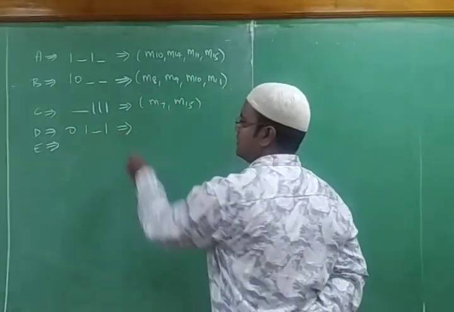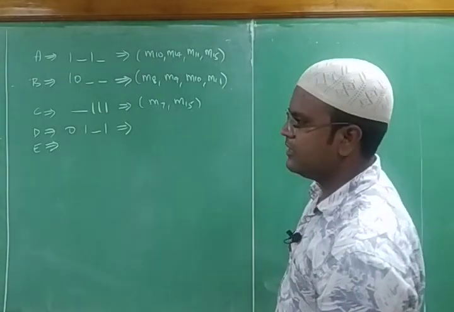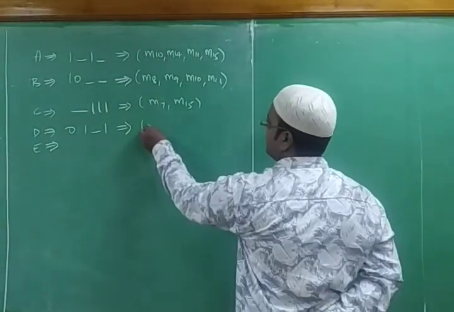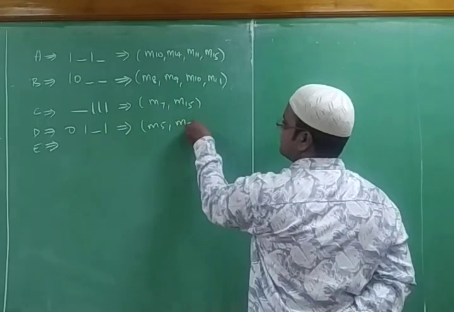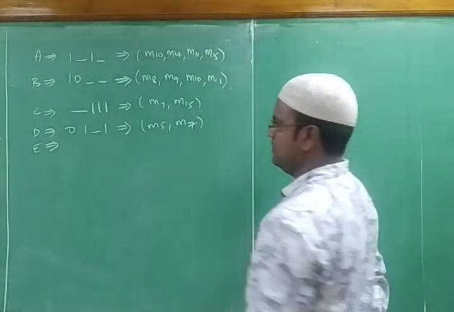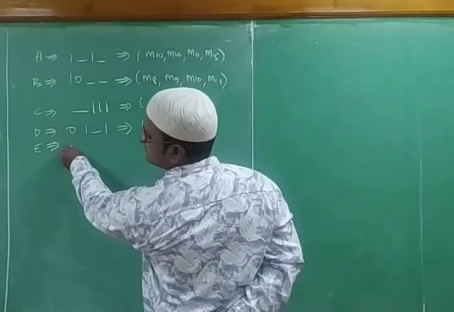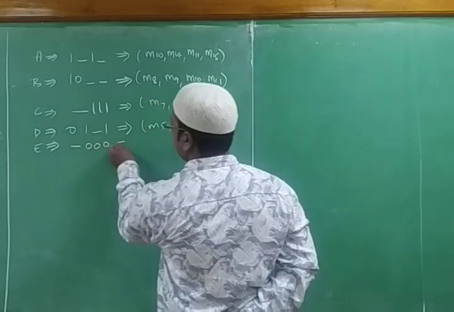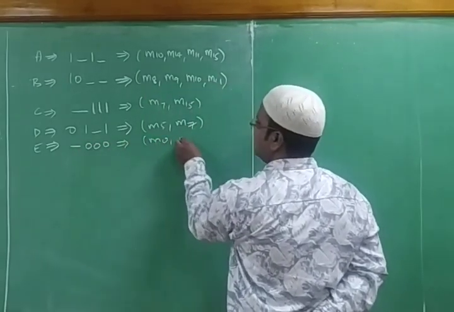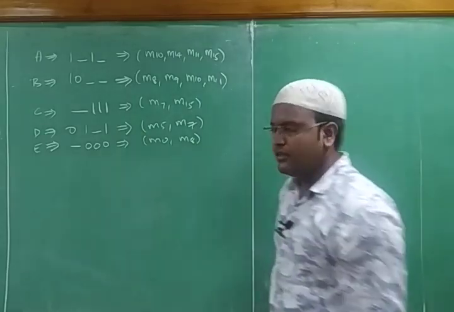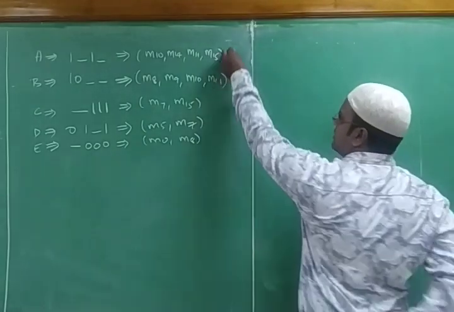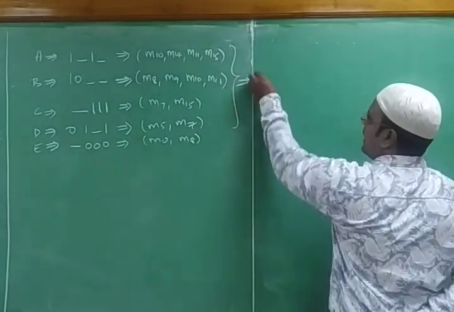By what minterm values have we taken? D is 5 comma 7, so M5 comma M7. Next E is nothing but 0 dash with all zeros, by taking minterms M0 and M8. So these are our prime implicants. What do we call these things? These are called prime implicants.